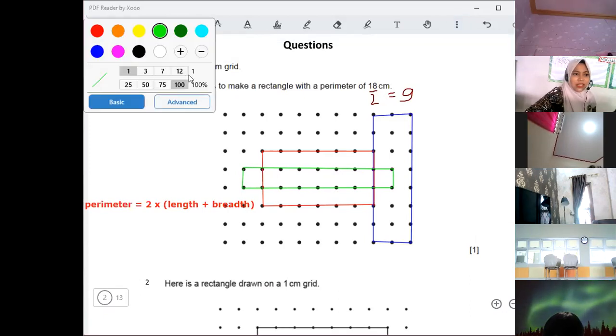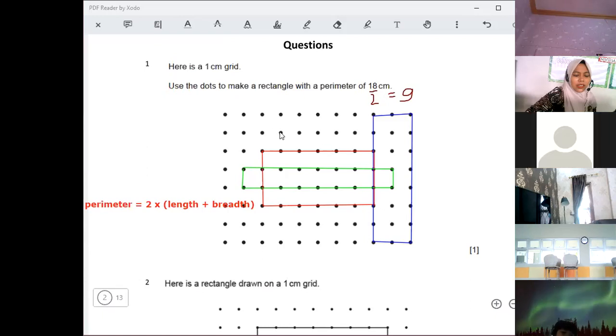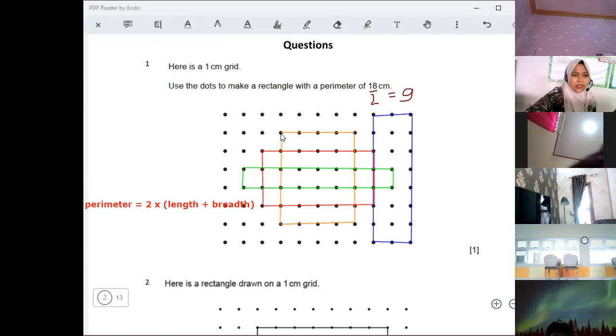I'm gonna draw another line using another color, orange, for example. 4 and 5. 1, 2, 3, 4, 5. Yeah, you can have this too, yeah. Which one do you choose? It's up to you. Are you choosing the blue, the orange, the red, or the green? It's up to you, yeah.